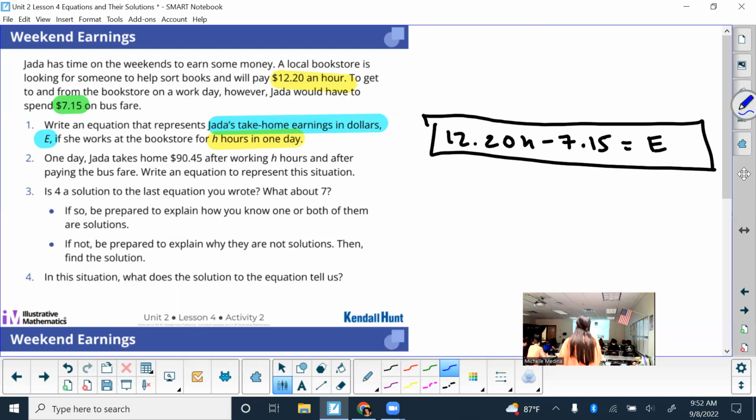All right, now share with the person next to you. If you're in a group of 3, then share with both people next to you.